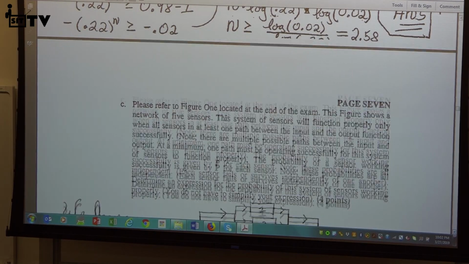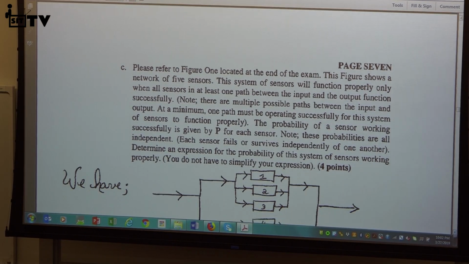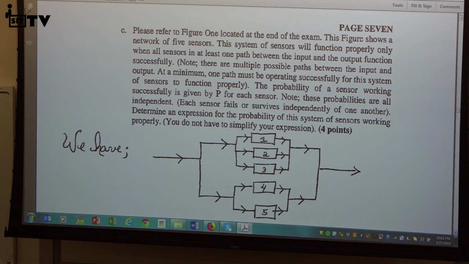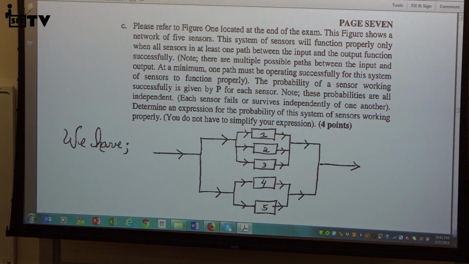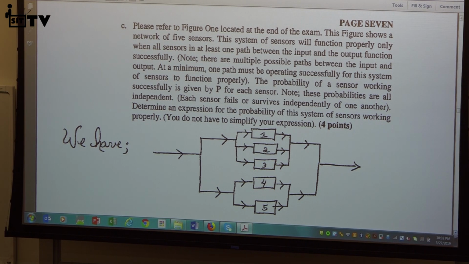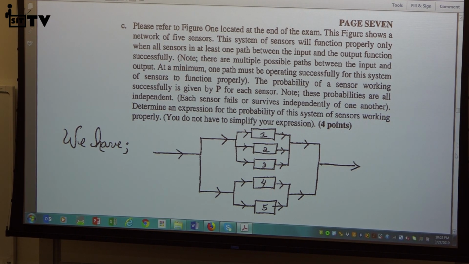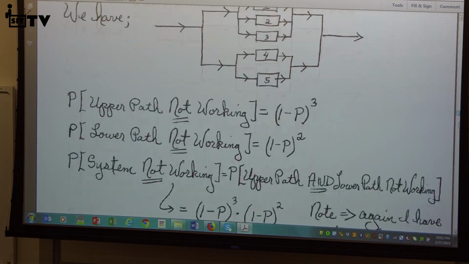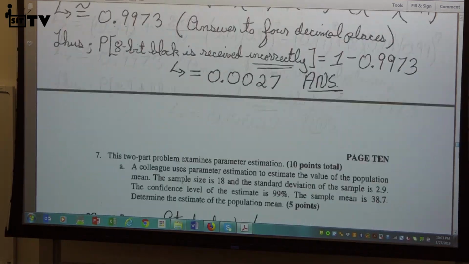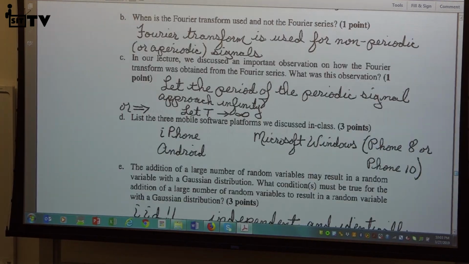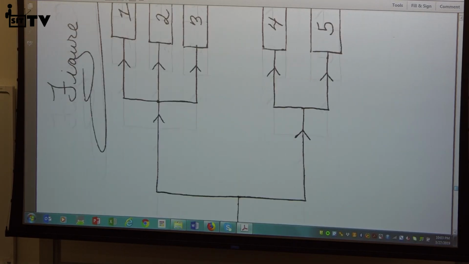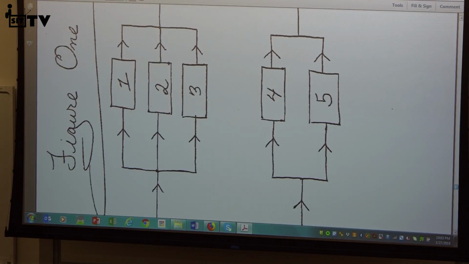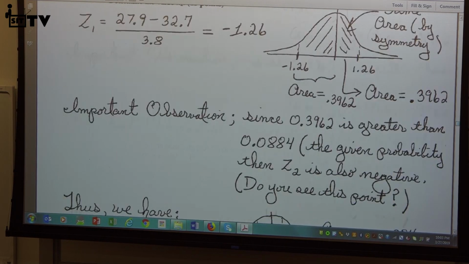All right, now, I guess I was in a sensor kind of mood. I gave you a part C here. Now, wait a minute, my colleagues. Okay, so I gave you this network.